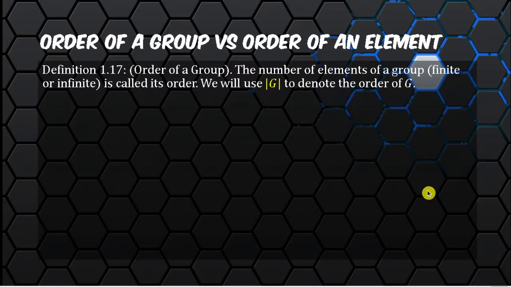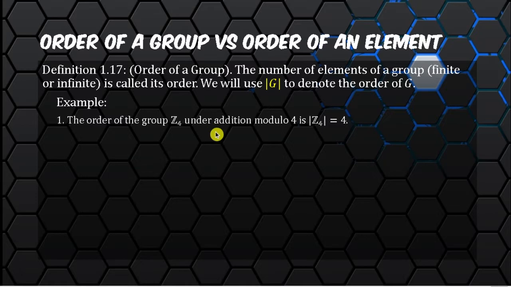However, since we are talking about groups and subgroups, parang hindi na siya akma. For cardinality, we only have sets. But this is not just a set, it's a group. It's a set partnered with a binary operation. So just to not be confused with other terminology, we are using the word order. So order is simply the number of elements of a group.